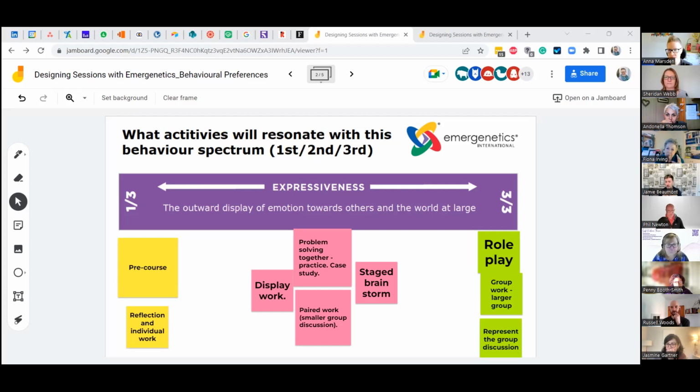But also it could be a mobile thing where you might get them sticking stuff up on a wall or doing what we've done here, in a shared way, putting ideas up and seeing people build on someone's ideas. So maybe that would encourage first thirders to feel they're being heard. And then the others at the other end of the spectrum can add and build and come up with new ideas as well.